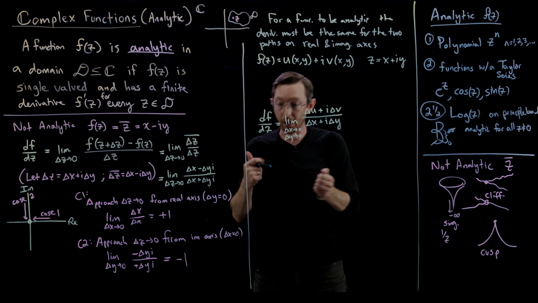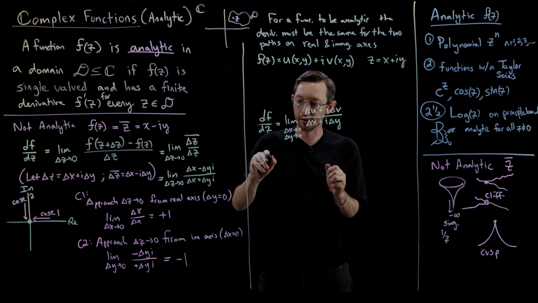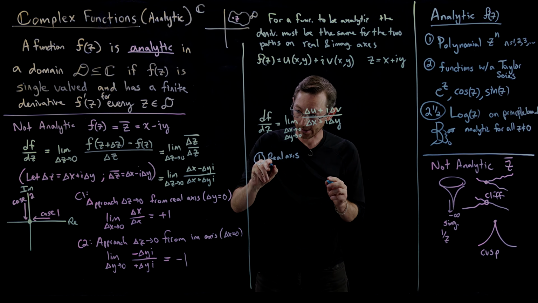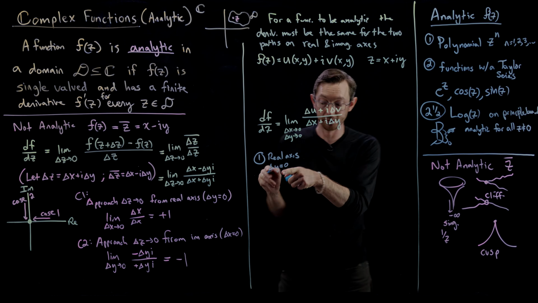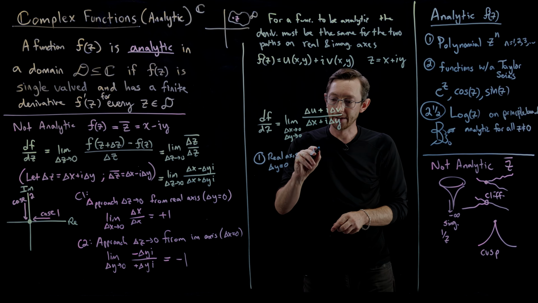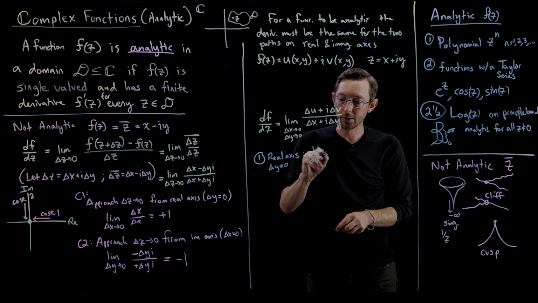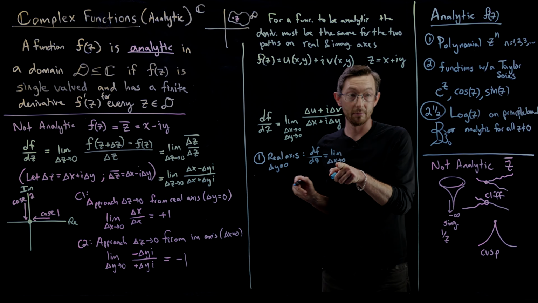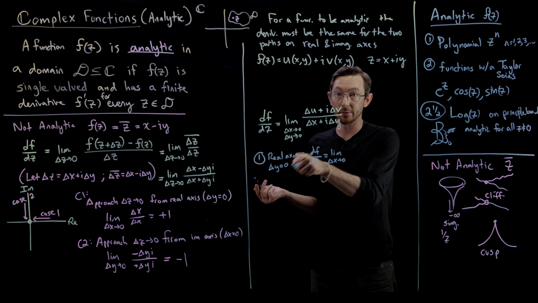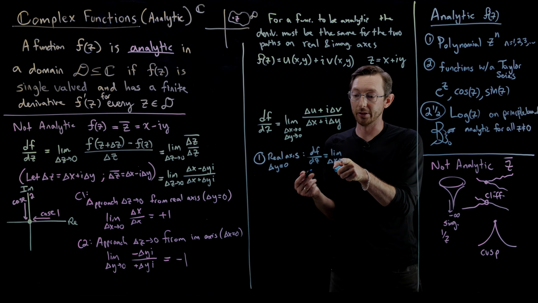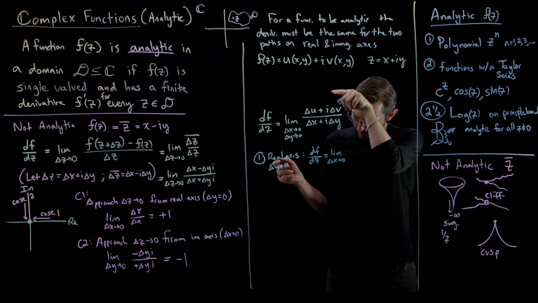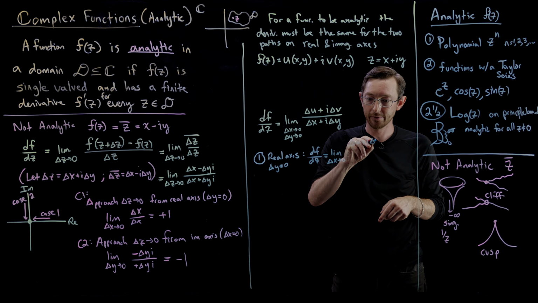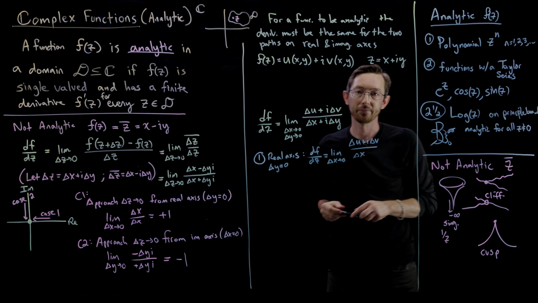So approach 1, again, is on the real axis, where delta y starts out being equal to 0, and we say df dz equals the limit as delta x goes to 0. Delta y was already 0 because we're starting on the real axis. Delta x goes to 0, the limit of delta u plus i delta v over delta x.